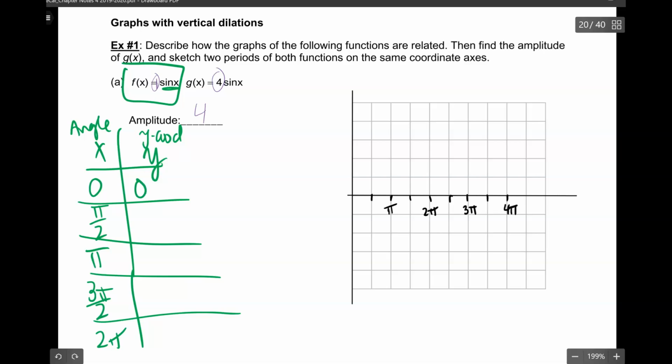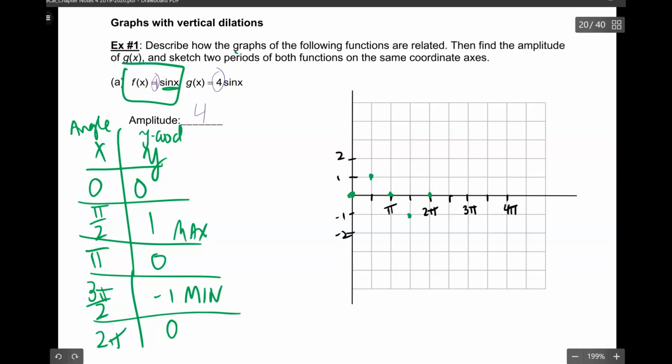So it goes 0, 1, 0, -1, 0. So it goes 0, max, 0, min, 0. Oops, I forgot to label these. That's 1, 2, -1, -2. 0, max, 0, min, 0.